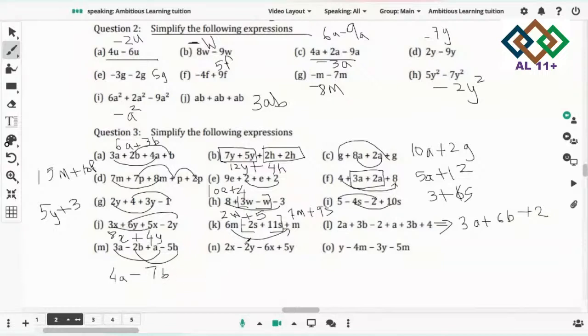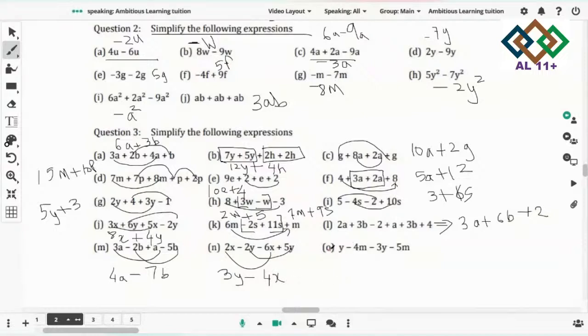Now you have 2x minus 2y plus 6x plus 5y. So you have all the x's together, all the y's together. And after you do that, the answer you guys will get is 3y minus 4x.